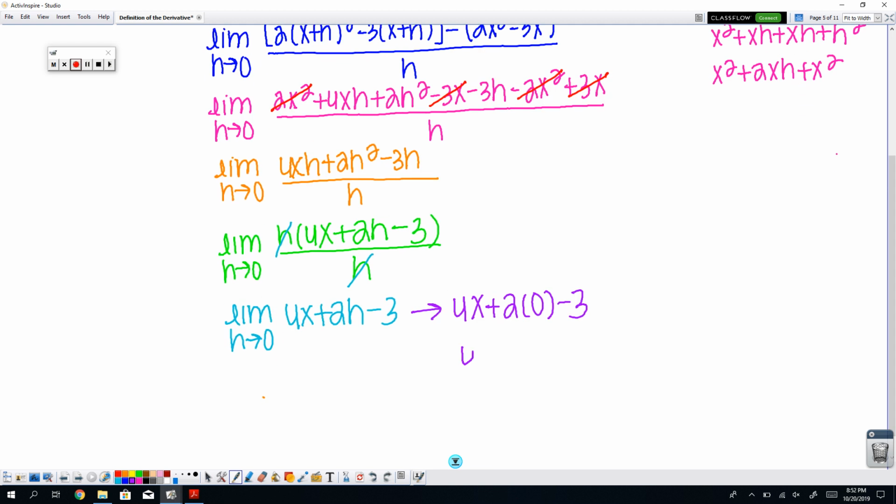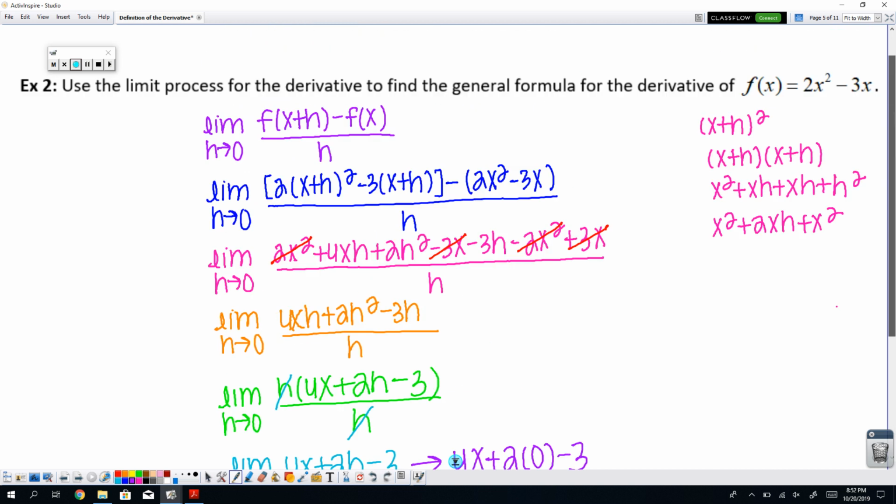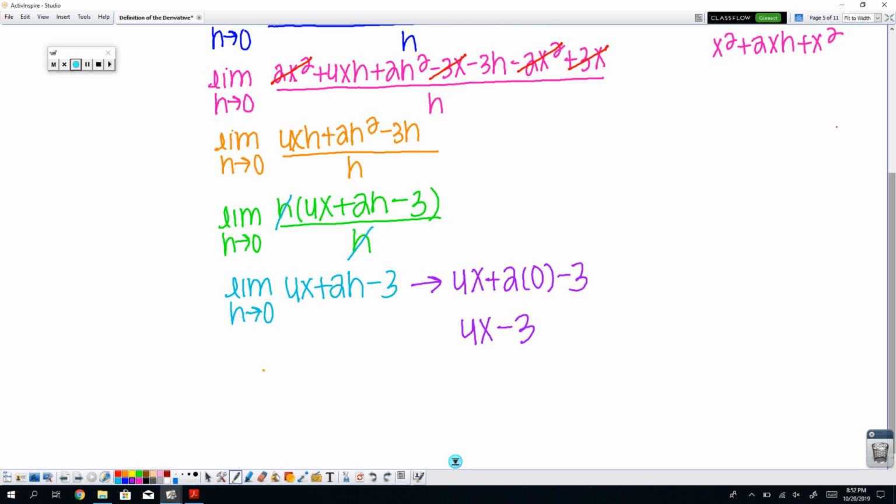And that's going to get us 4x minus 3. And then what function name was this? Just f? Let's look. So f, it says find the derivative. So this would be f prime of x equals 4x minus 3. And you've officially found your first derivative. Good job, guys. It's a lot of work. It's very tedious, but it's the most concrete way of getting this.